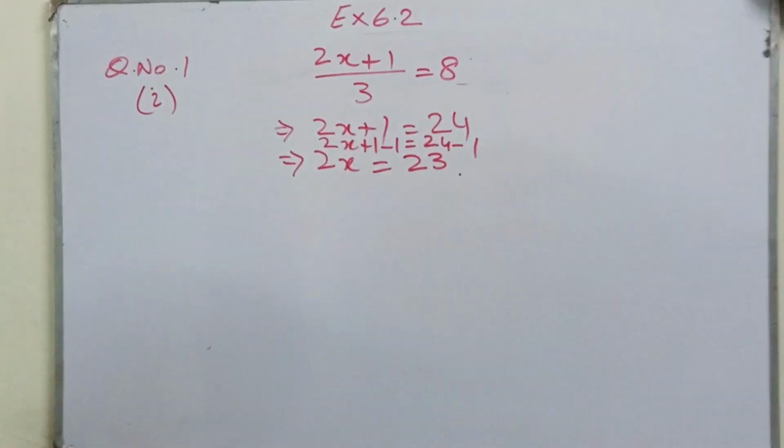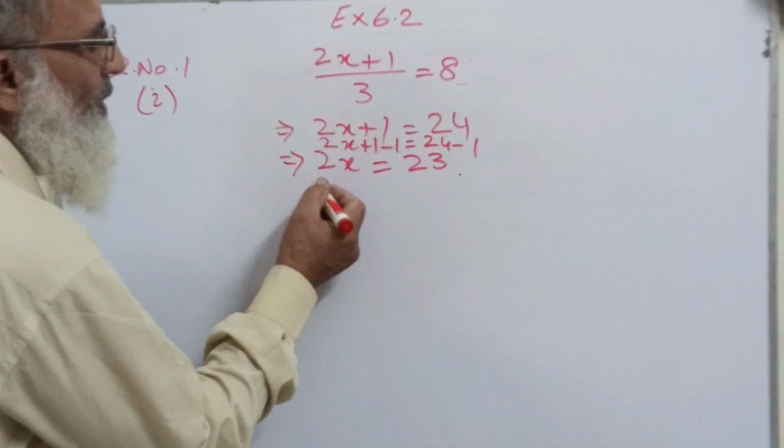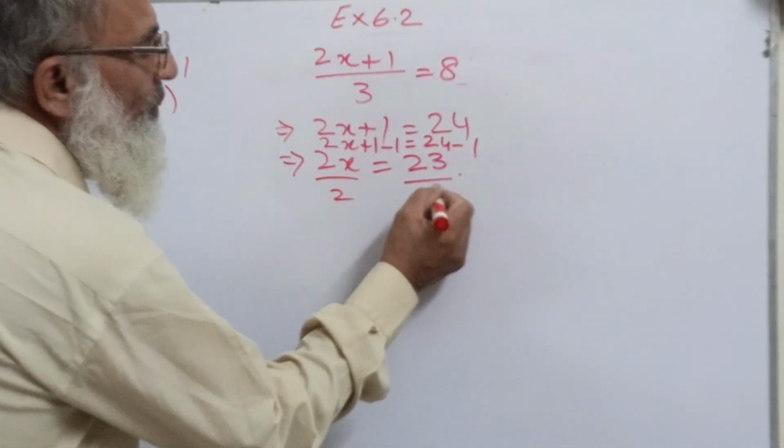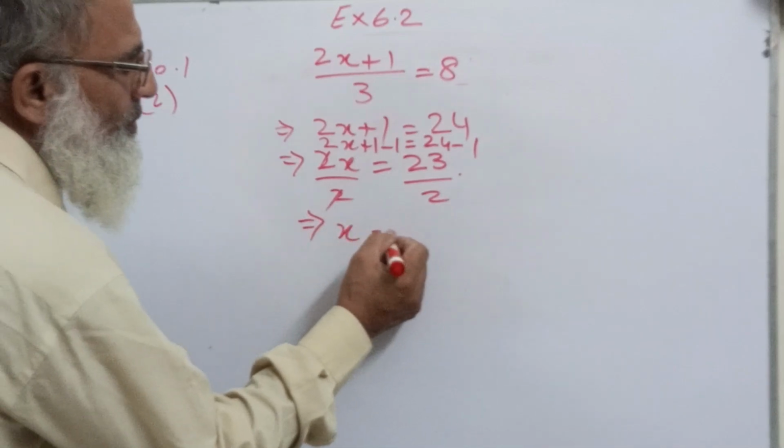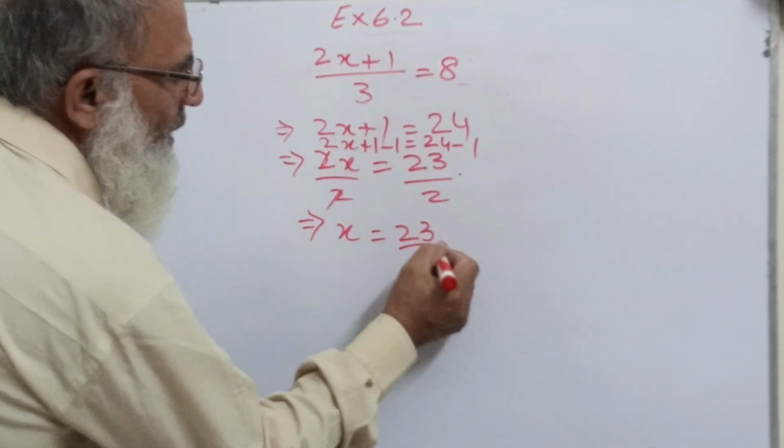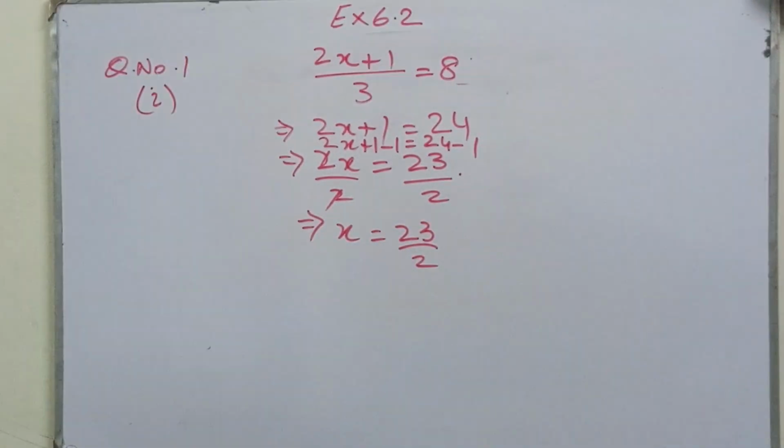It will become 23. And of course, by dividing it by 2 on both sides, it will become 23 divided by 2.